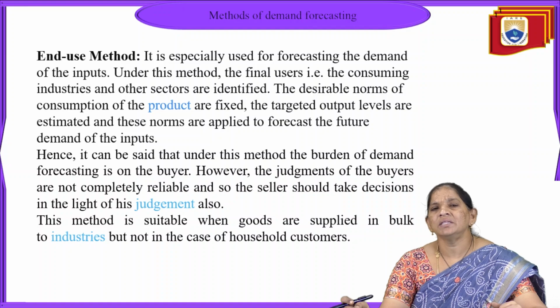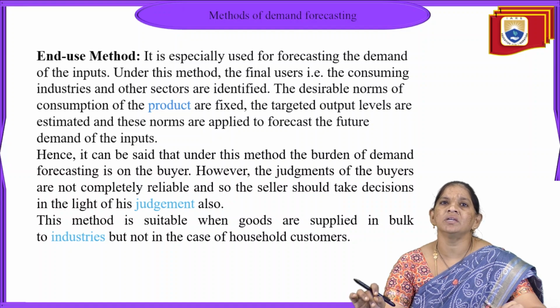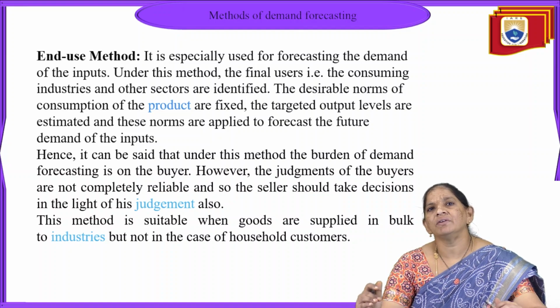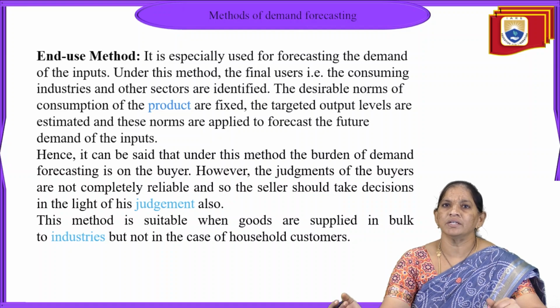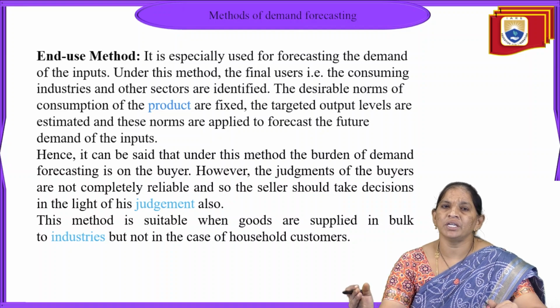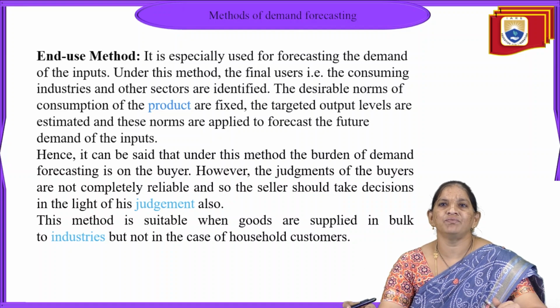Because this method draws inferences from the final users, that is, the consuming industries or other sectors are identified. We have a lump sum of the product, and we identify which industries or sectors, maybe factories, are purchasing it. That is the end user, the last user of my product, and we go to them and collect the information.